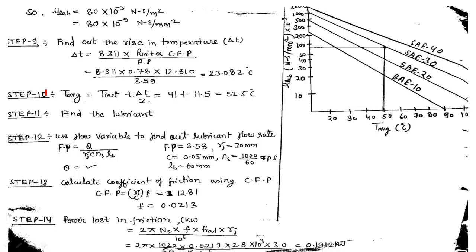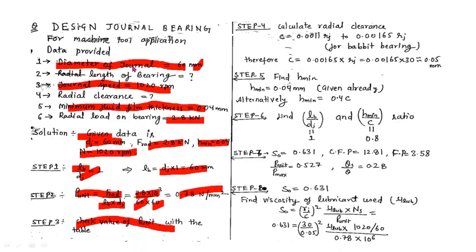In step number 9, we have to calculate the rise in temperature of the lubricant, which is given as follows. Delta T is equal to 8.311 into P unit into CFP divided by FP. Here the values of CFP and FP can be taken from step number 7.